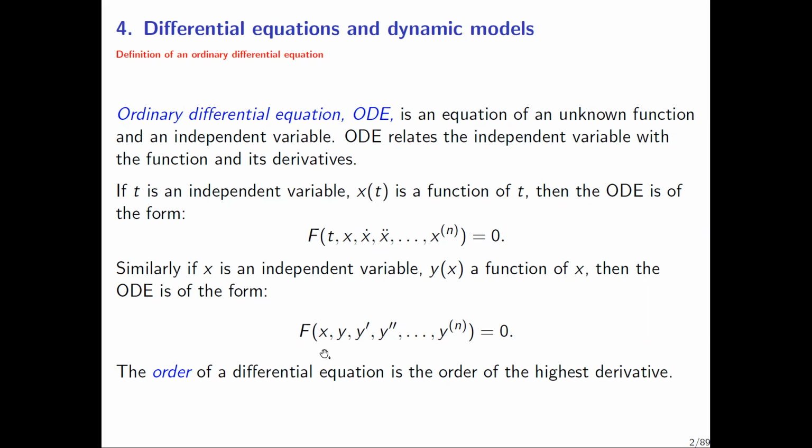There is another way of writing a differential equation. I only change the names of the variables: instead of t, the independent variable becomes x. Instead of x, the dependent variable becomes y. And then we have derivatives of y with respect to x.